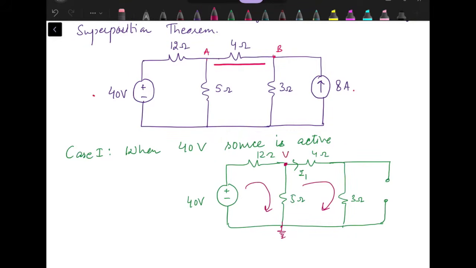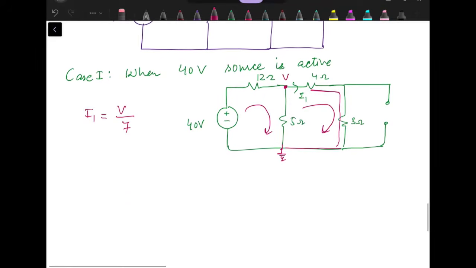So here I will apply nodal analysis, and after that I can have the answer of I1 as V upon 7, because the 4 and 3 ohm resistances are now in series. So it's V by 7. We need to find the answer of V. For finding V, I will apply nodal analysis.